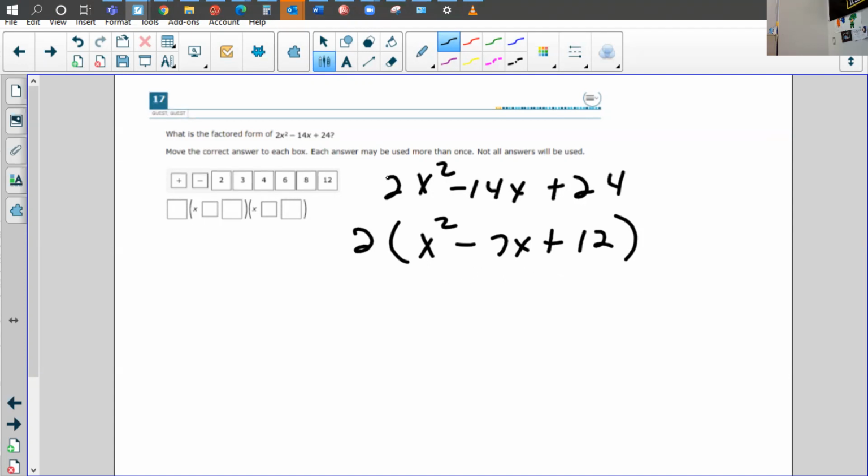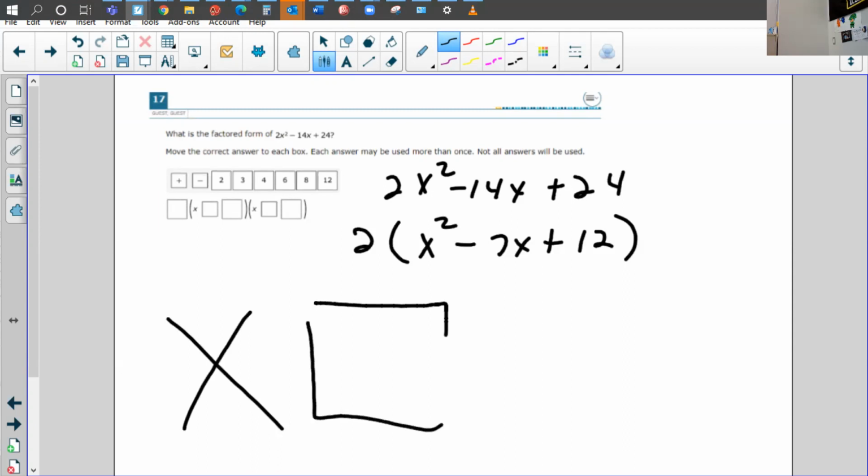And if you do the X box method, guys, put my x squared there, put my 12 there.